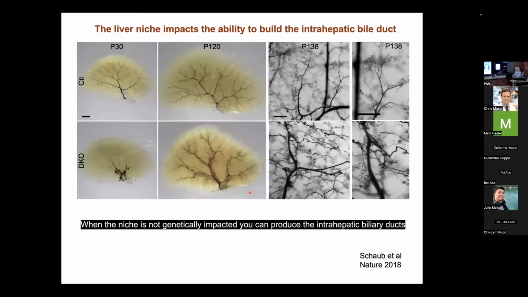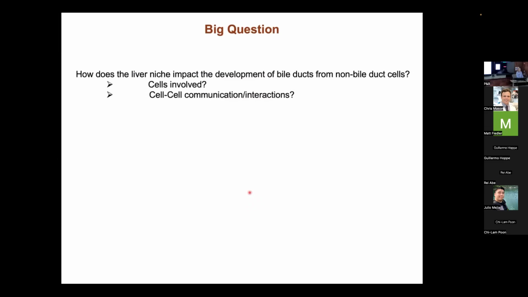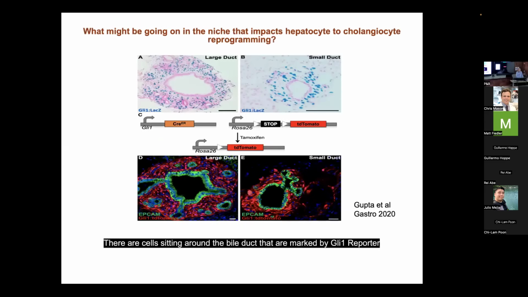And so the question that she has had for the last decade, when she first identified this, is what is in the microenvironment that is allowing this to occur? Obviously, in people, this is a problem because they're complete knockouts. But if we actually had an explanation of this, maybe we can actually help treat or rescue these kids. And so basically, God, I'm going too long on this part. We identified a cell type in my lab basically now 4 years ago, where essentially there are fibroblasts that live around these bile ducts.